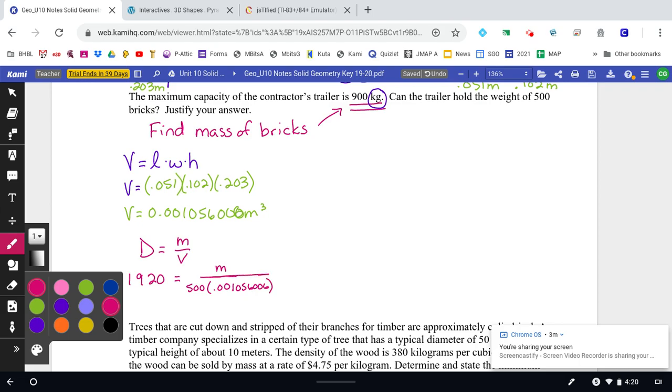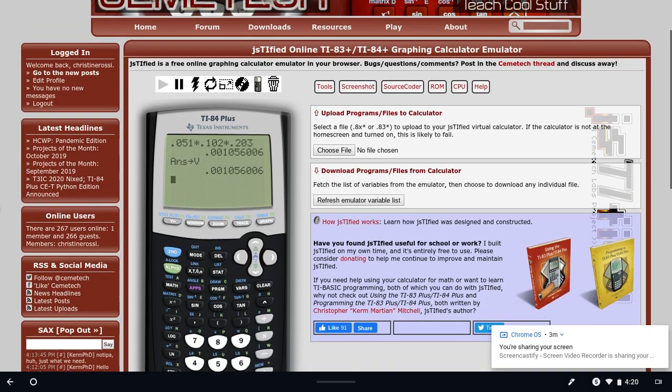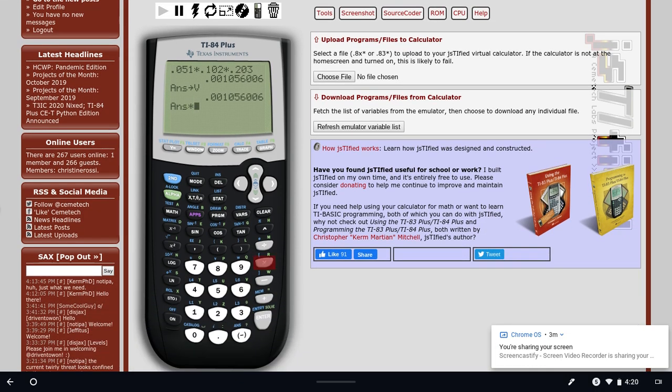So we're going to cross multiply. I want to multiply this by 500 and by the 1,920 to get my mass. And there we go.